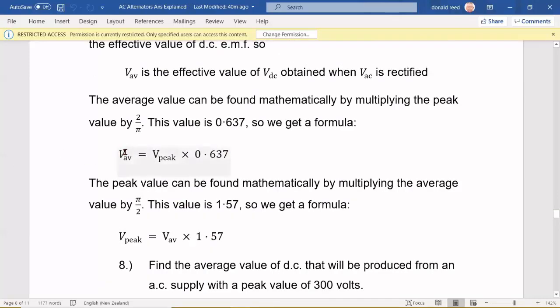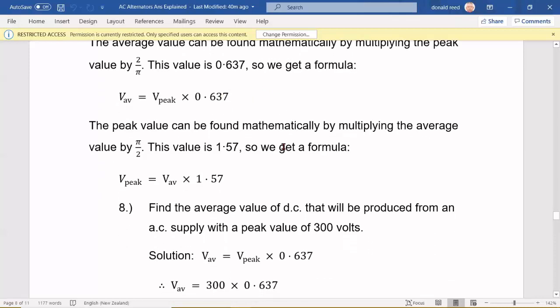Do you see? V average here is V peak times 0.637. And this here, V peak, is V average multiplied by 1.57.